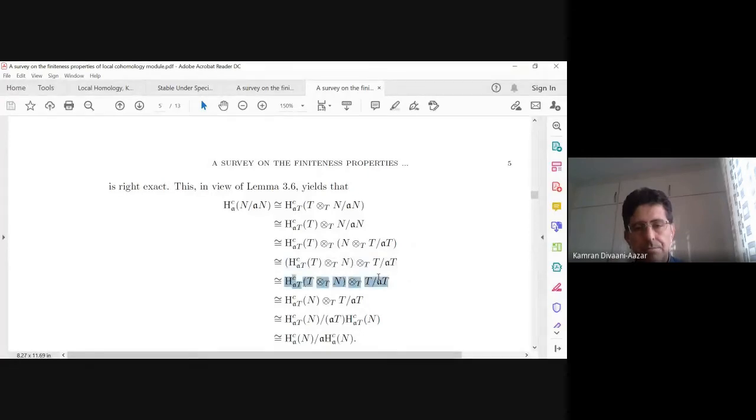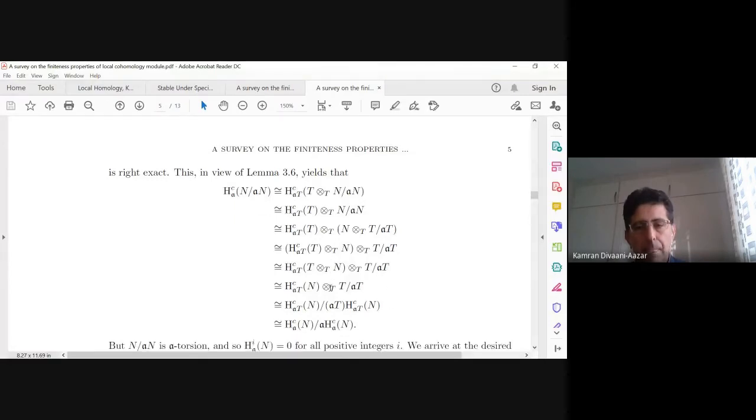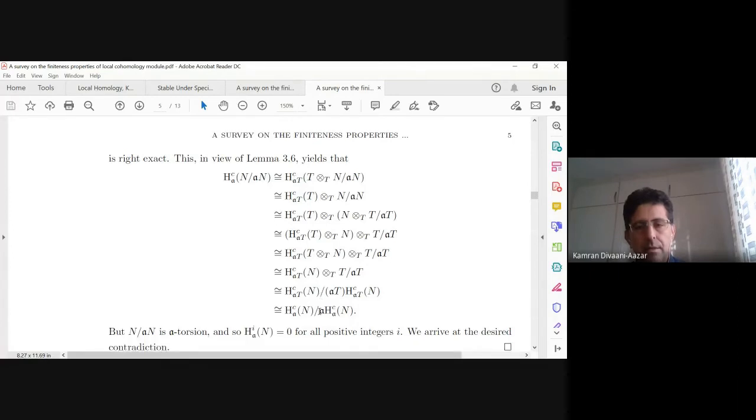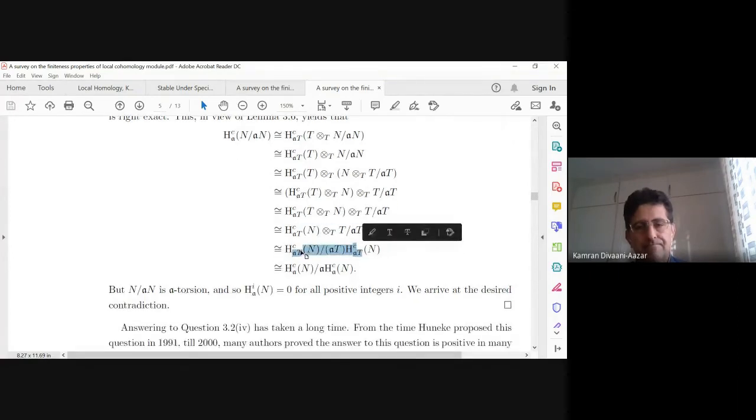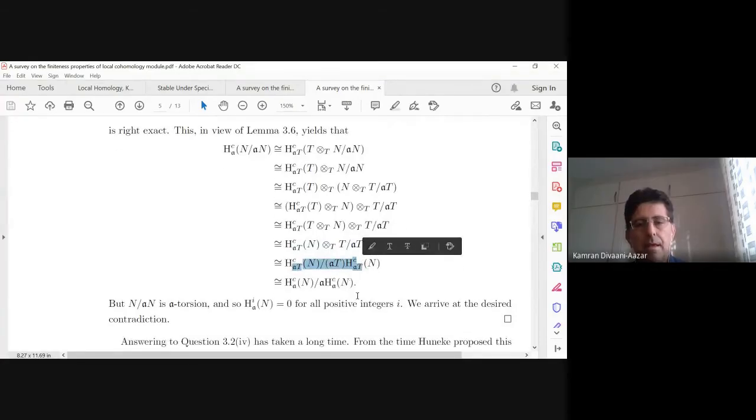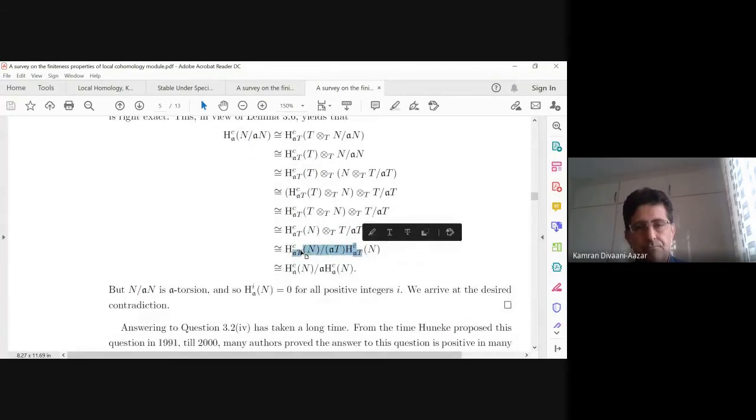Then we use Lemma 3.6 again. H_AT of T tensor by N over T can be written in this way. And then instead of T tensor by N over T, we write N. And this is equal to this. And finally, we have these isomorphisms.